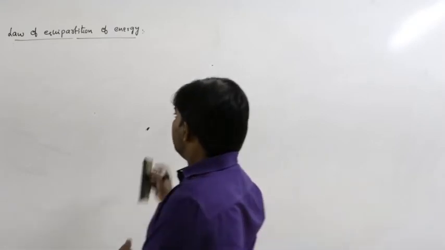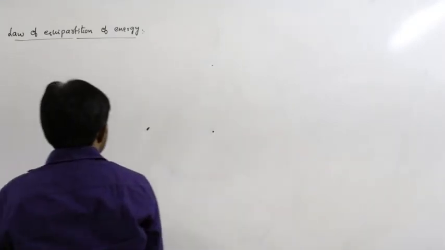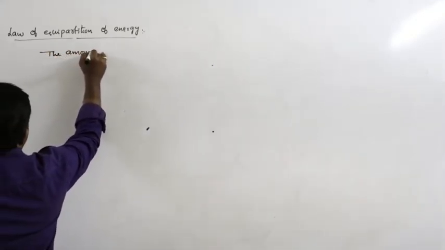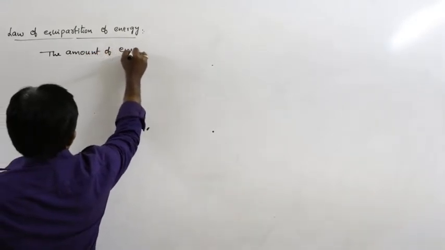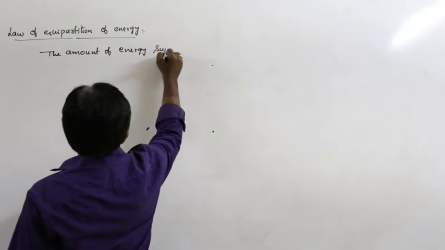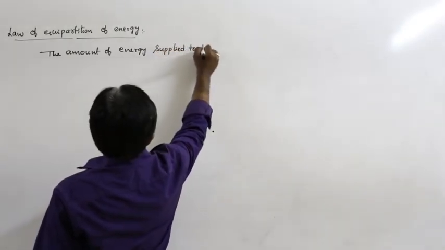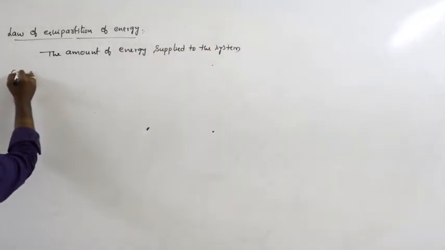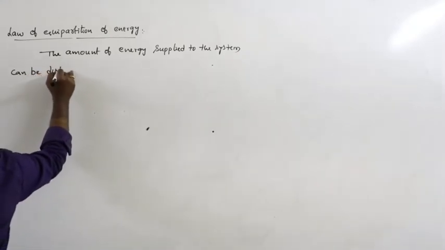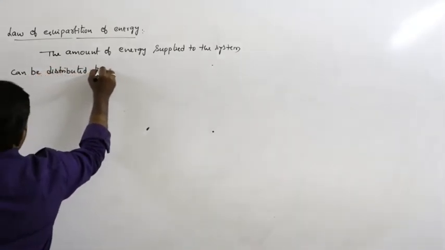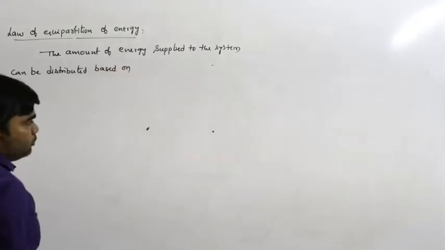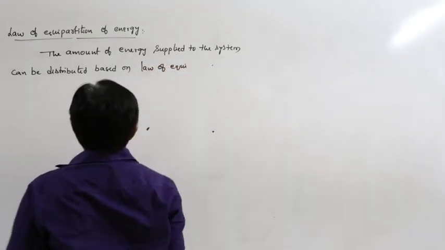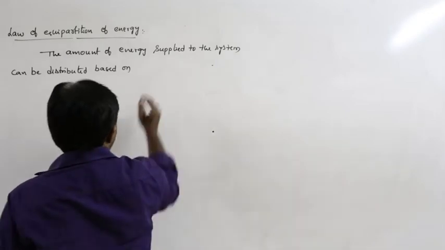Here, the law of equipartition of energy means the energy supplied to the system or gas can be distributed based on degrees of freedom.